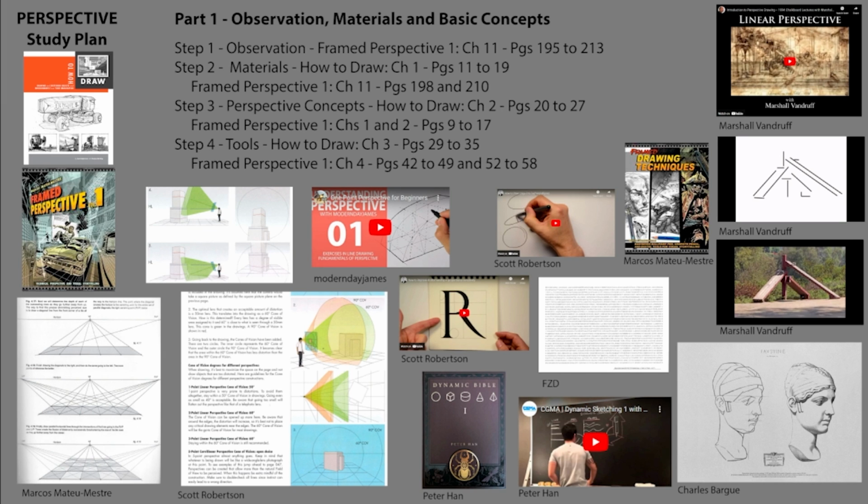So starting out with observation, I love this content by Marshall Vandroof. I don't know how long it will stay online, but it's still online. I'll add a link here if that's still there.